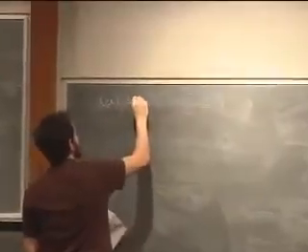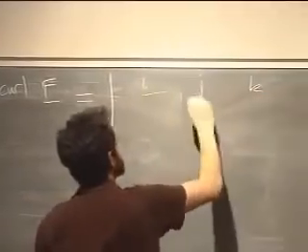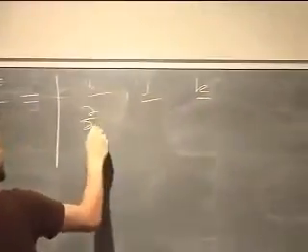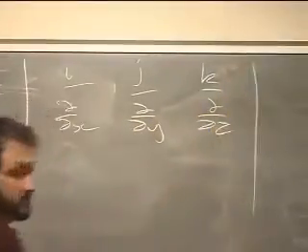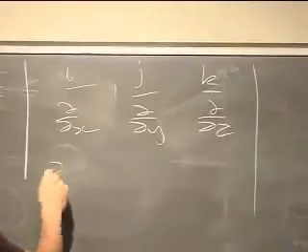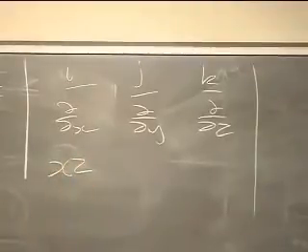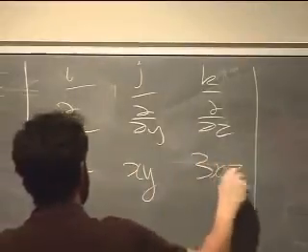So part A, find curl F. So we set up our determinant, i, j, k, d/dx, d/dy, d/dz. And then we have xz, we have xy, and 3xz.